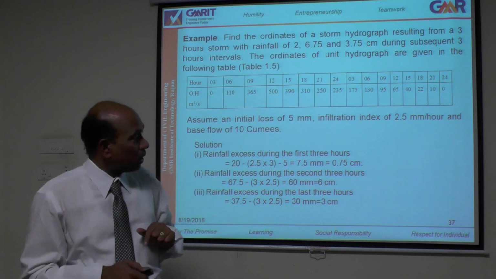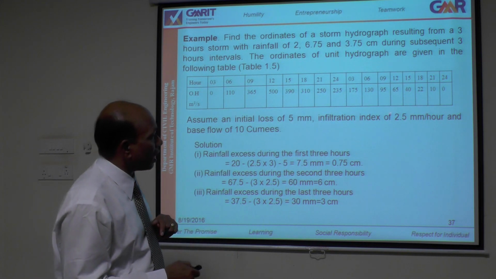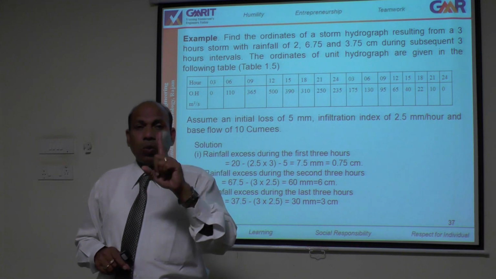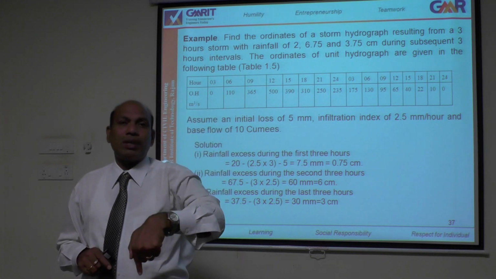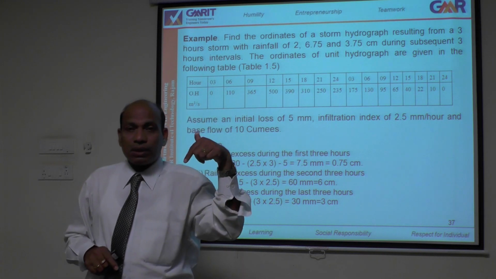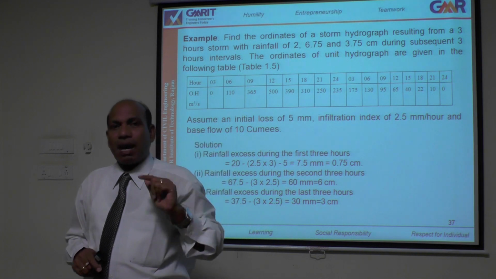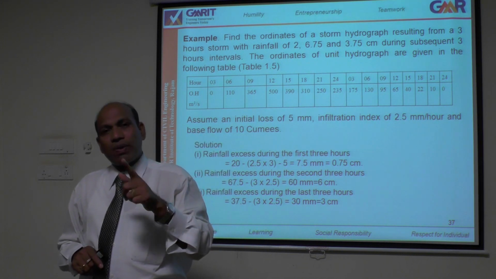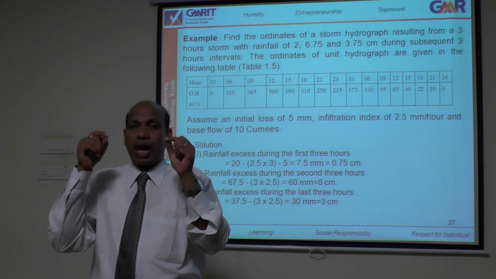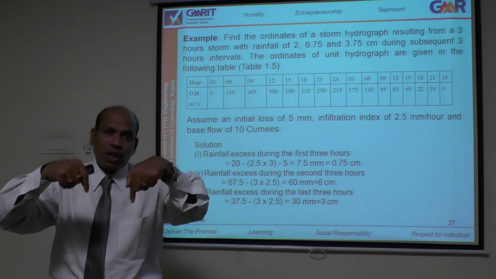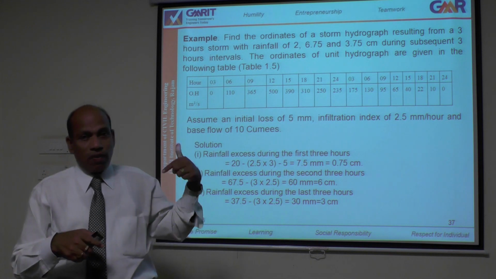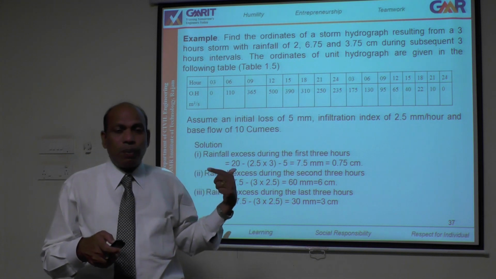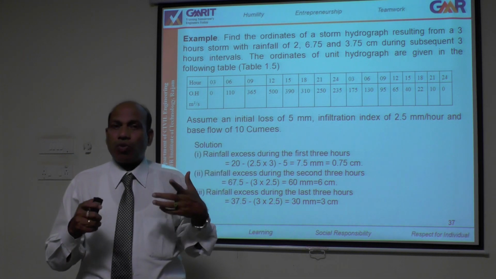And then what is the other one? 2.5 mm per hour. For 1 hour, 2.5 mm of water infiltrates into the ground. The rainfall period is 3 hours. 3 into 2.5, 7.5 mm of water enters the ground during that rainfall period. 7.5 plus 5 mm initial losses, 5 plus 7.5, we have 12.5.